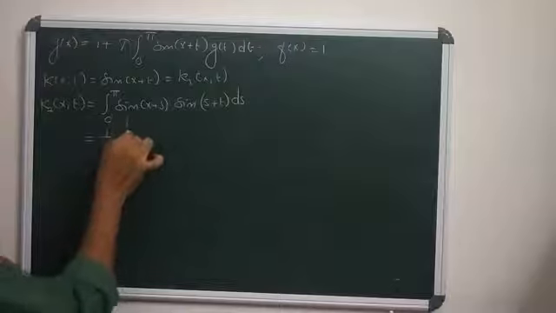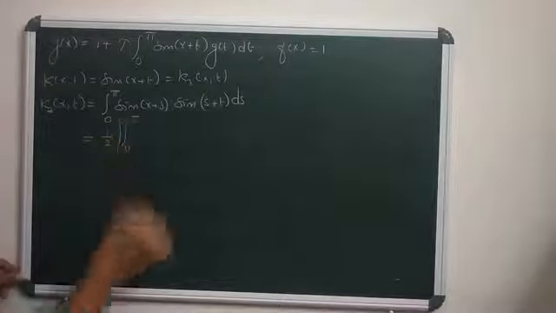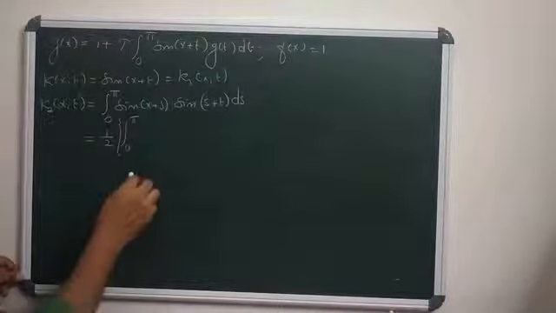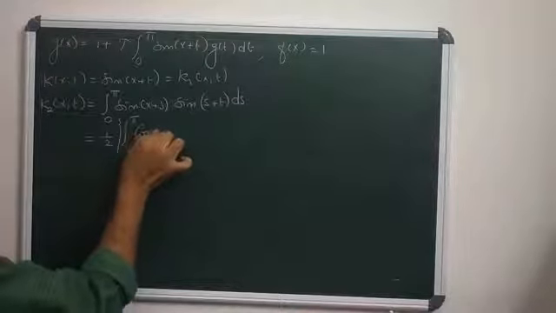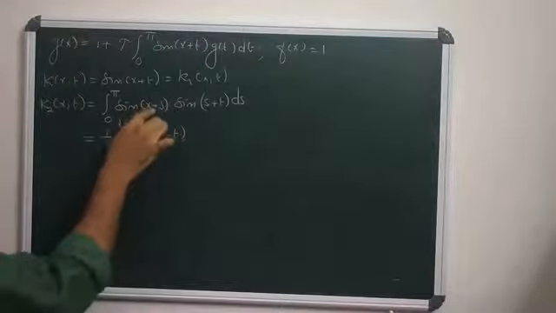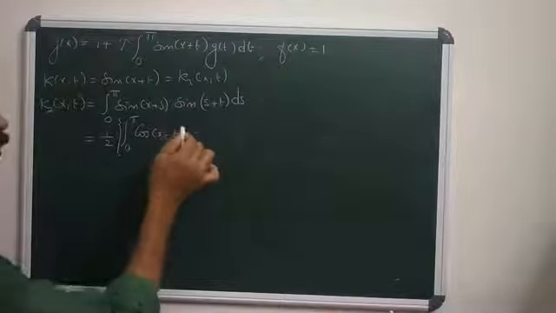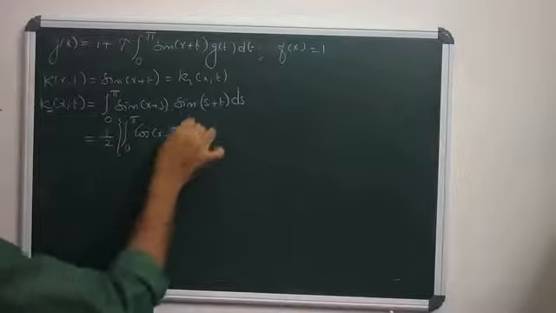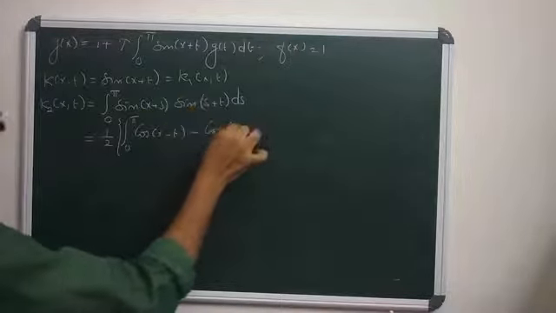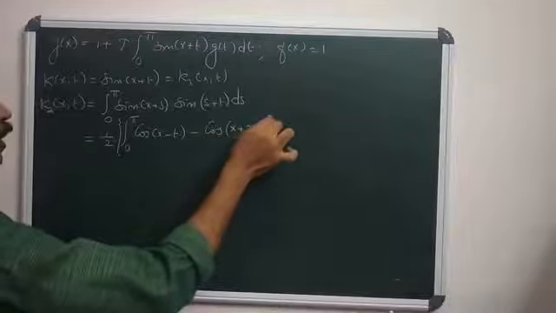So it is half of the integral from 0 to pi. Here a minus b is cos(x minus t), since the s terms cancel each other, and a plus b is x plus 2s plus t.